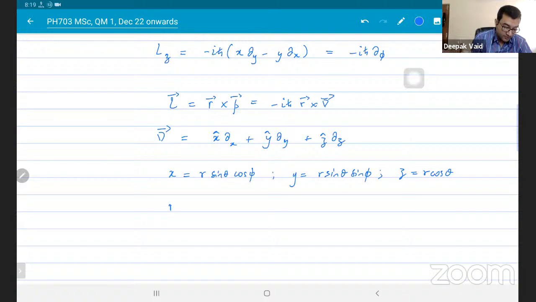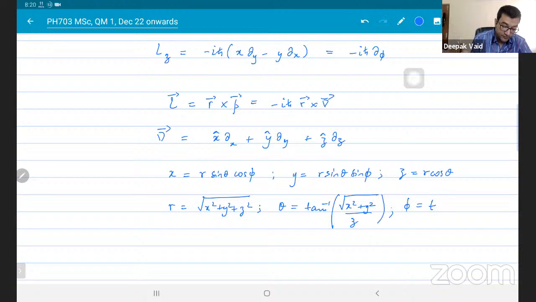And the inverse relationships are r is equal to the root of x squared plus y squared plus z squared, θ is equal to tan inverse of the root of x squared plus y squared divided by z, and φ is equal to tan inverse of y by x. Right. So these are your spherical coordinates.